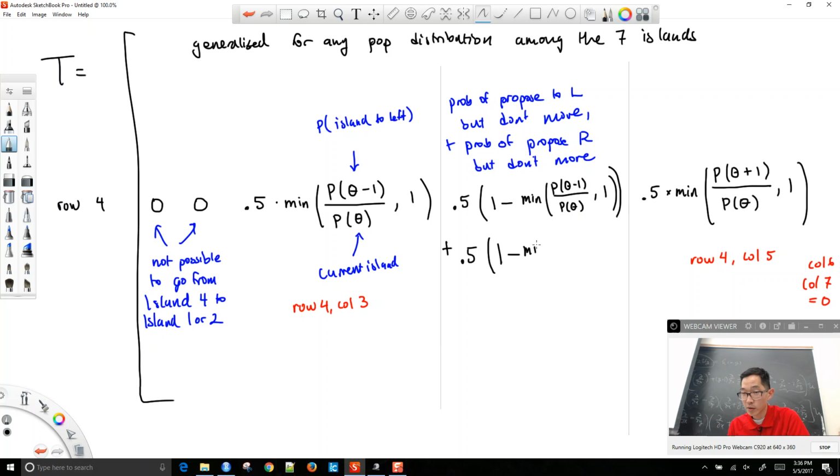So 1 minus minimum of proposing to the right, which is 0.5, but not moving, which is going to be 1 minus the probability of moving. Is that okay?